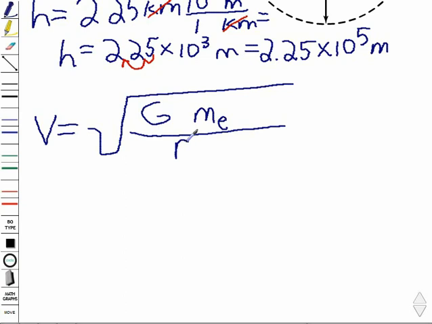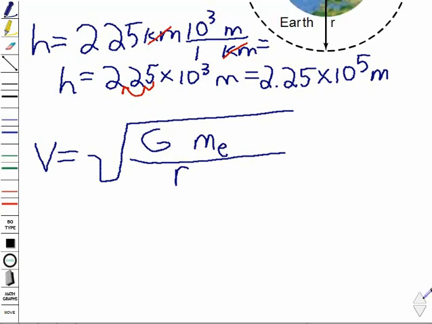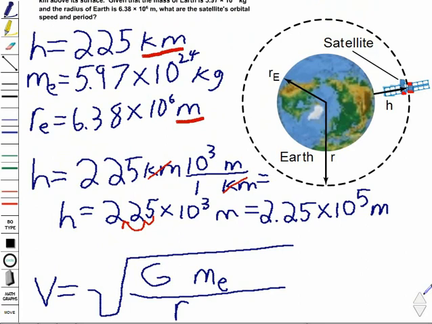And in this case, r means the radius of the orbit. So that means from the center of the Earth all the way out to where it's orbiting. And as you can see on the diagram, that would mean it'd be the radius of the Earth and the height above the Earth, those two numbers added together.